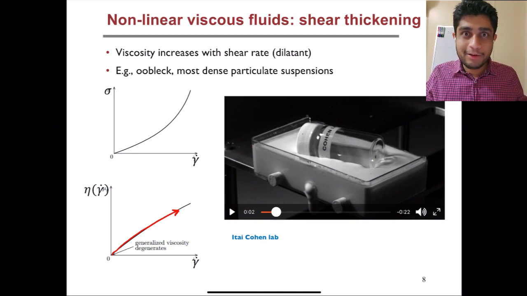You all must have seen videos where if you run on the oobleck solution, you can walk on it. It just behaves like a solid floor, but if you just stand on it, then you sink in it.